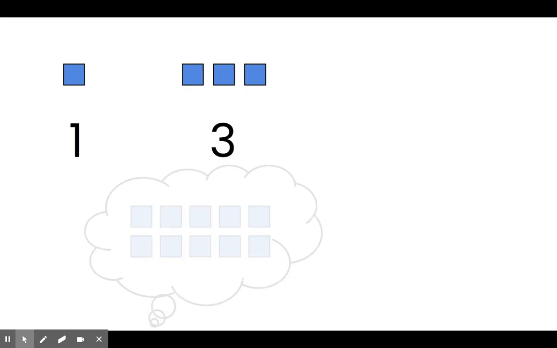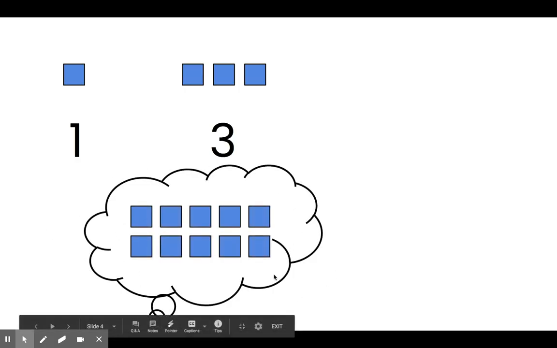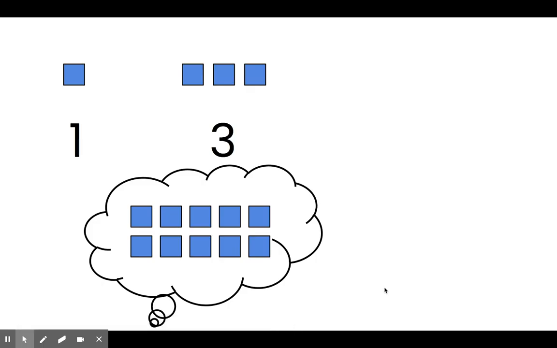Let's review. If I show you this one square, what number would you say? That's right, the number 1. This one square represents the number 1. Can you count these squares? Well done. It's the number 3. Now, let's review. What happens when we get 10 small squares? What can we trade those 10 small squares for?